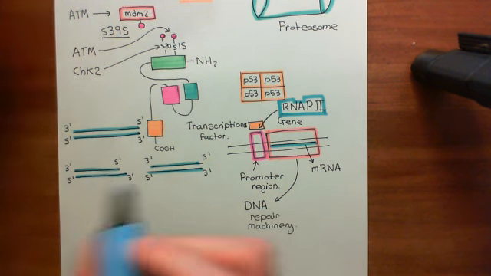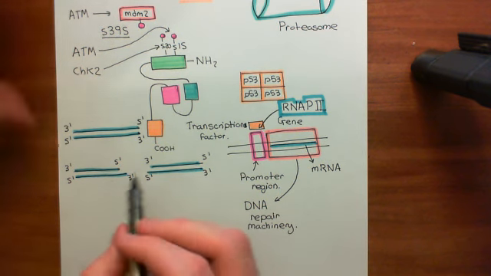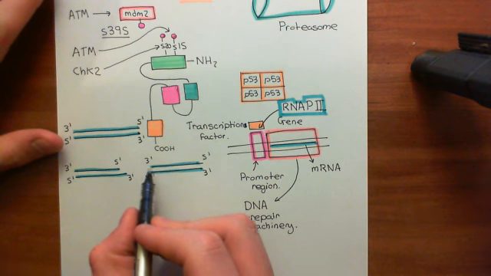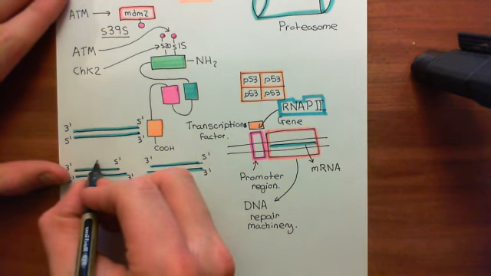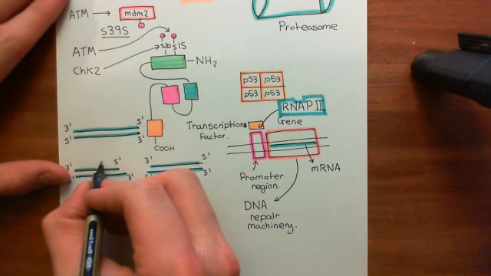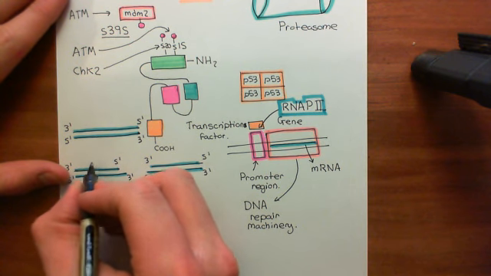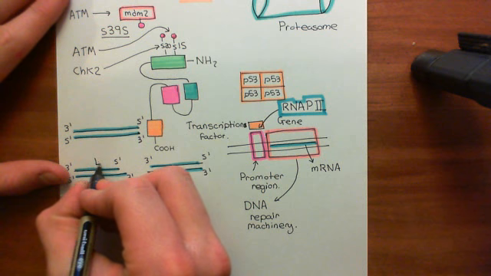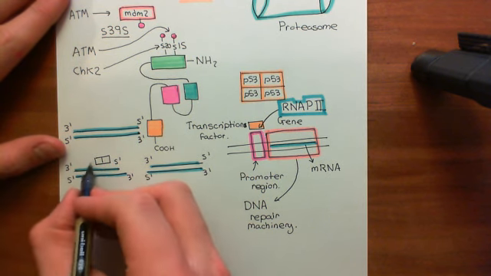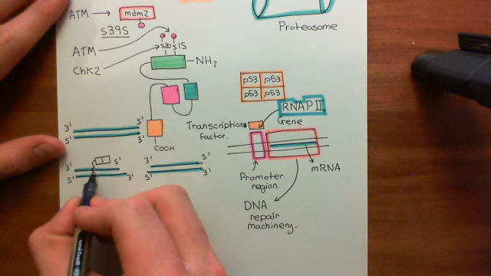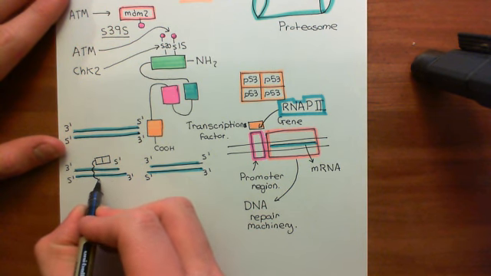Now, remember what has happened is our MRN complexes have bound to both of these free ends. Let's try and squeeze one of these in. In fact, I will try and draw an MRN complex in here. So remember, here are these zinc hooks. Then we've got the coil domain coming down here.